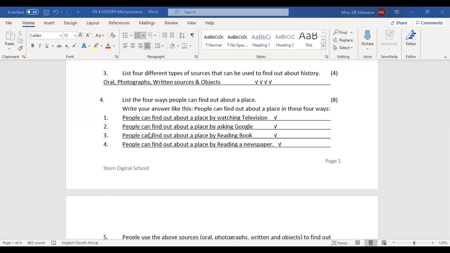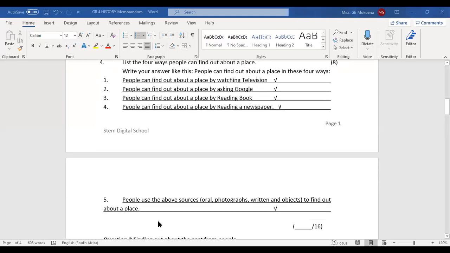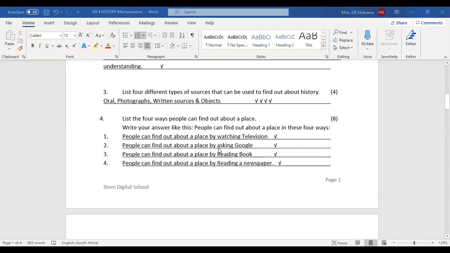Reading books and reading newspapers can also help us. People also use sources, oral, photograph, written, and object, to find out about the place.